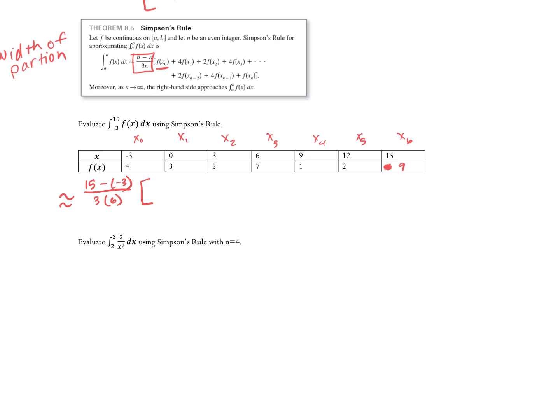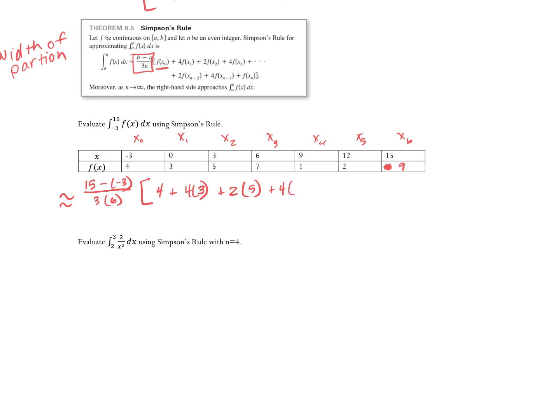What's f of x0? It's 4, yeah? Plus. Then we're just going to alternate 4s and 2s until we get to the last number. So it'll be 4 times f of x1, so 4 times 3. And then 2 times f of x2, which is 5. And then 4 times f of x3.